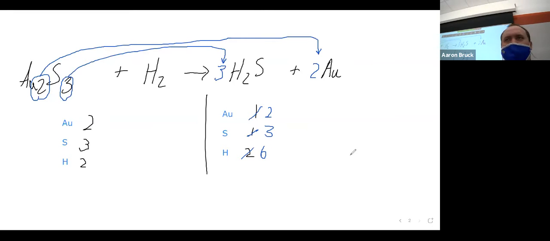And we can see that by doing that approach, we have taken care of the gold, we have taken care of the sulfur. The only thing we haven't taken care of is the hydrogen, and the hydrogen's all in one molecule on the reactant side. I need 6. They come in groups of 2. 3 times 2 gives me the 6 that I need.